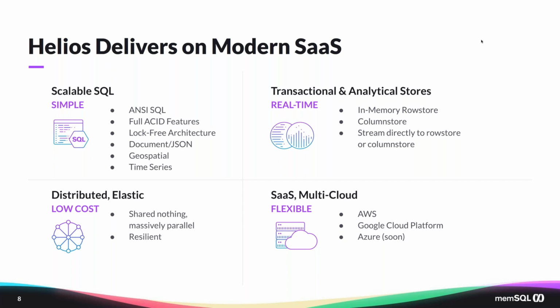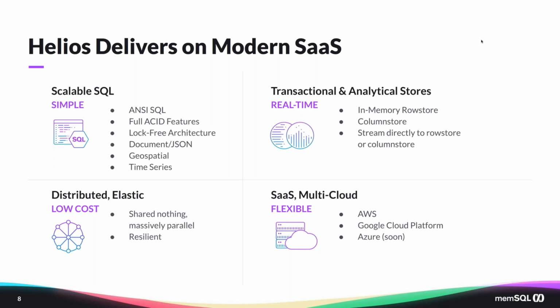It's scalable in that we can provide a lock-free architecture, such that you get speed and performance, but immediate consistency in terms of the accuracy of data. You're not going to get dirty reads. When you write data, you're going to read that latest data written.